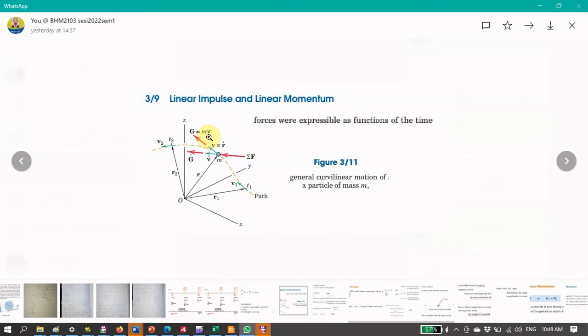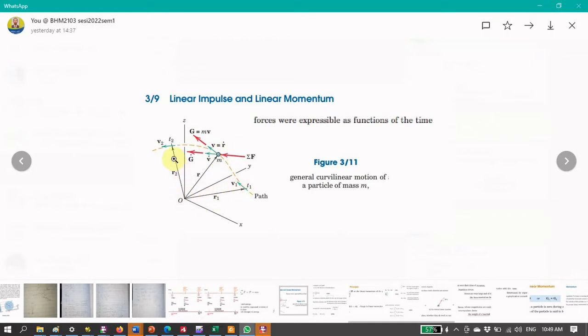The author also uses the r-theta coordinate system and the t-n, the tangential and normal coordinate system as well. And the velocity at the particle position is given by r dot, which represents the rate of change of radial location.